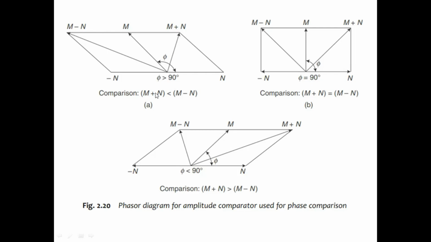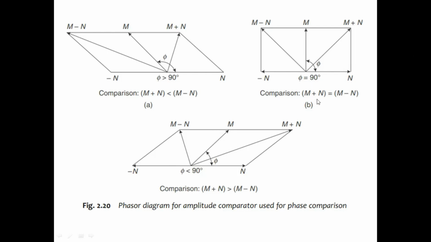So this type of relay is not operated, because our relay condition is that operating quantity is greater than restraining quantity and phi is less than 90 degrees. So in figure A, the relay is not operated.